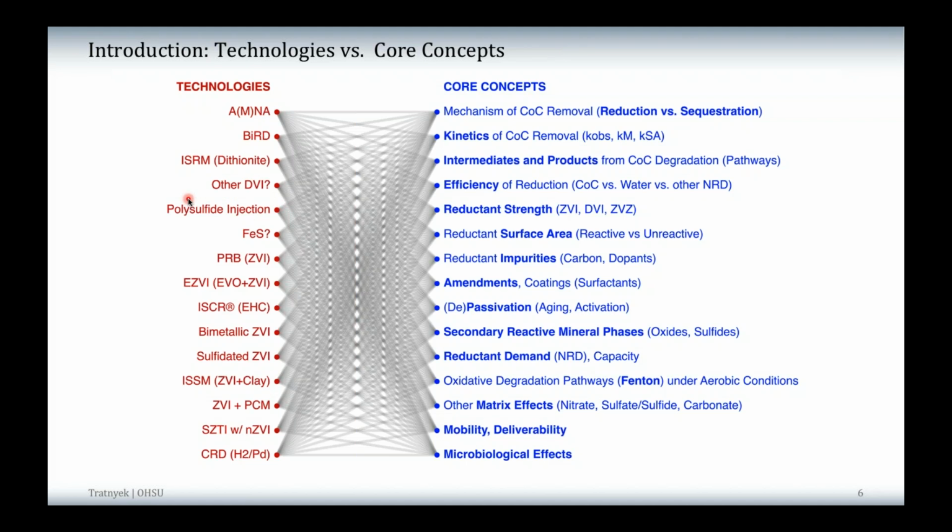I'll elaborate on that in a second. I added a placeholder for polysulfide injection, iron sulfides, bimetallic, sulfonated ZVI, ZVI plus pyrogenic carbonaceous material. This would be a kind of an umbrella term for activated carbon. So this list is a little bit longer than the one in the previous slide, and it presumably will continue to evolve and get longer. So it'll be a work in progress.